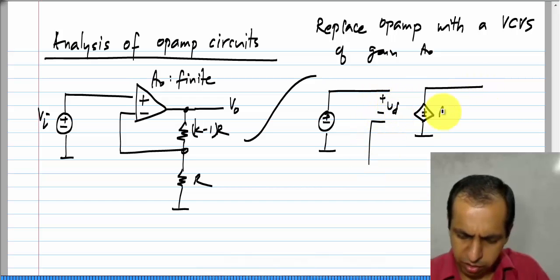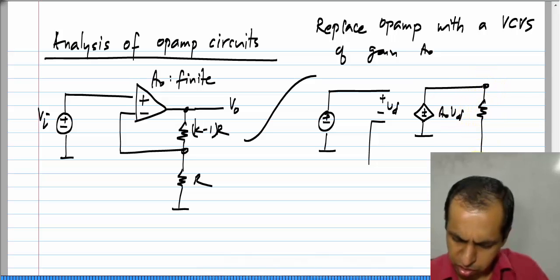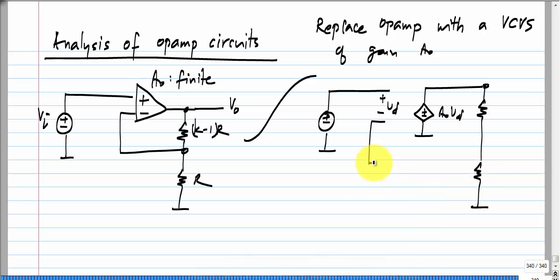This is V D, this is A naught V D. So, now we have this control source and we know how to handle voltage controlled voltage sources.